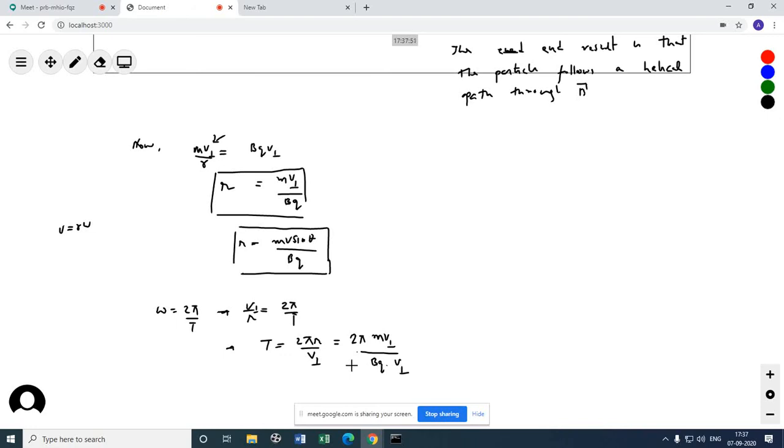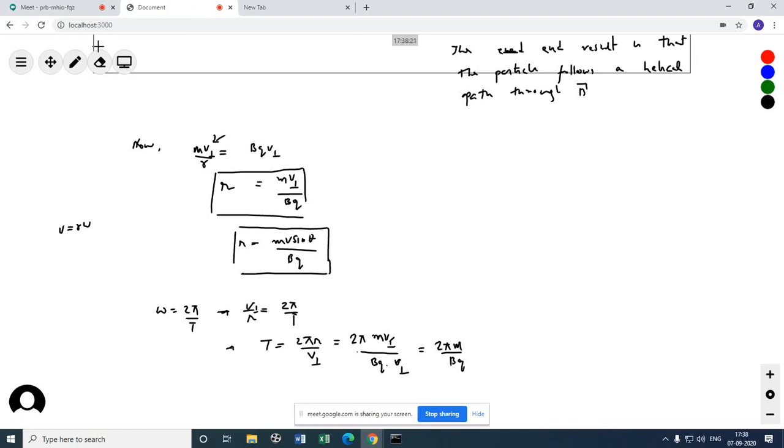So the v perpendicular gets cancelled, and I'm left with 2 pi m by bq. Isn't this the same time period? Yes, sir, the time period is the same. It is again independent of the velocity of the charged particle.